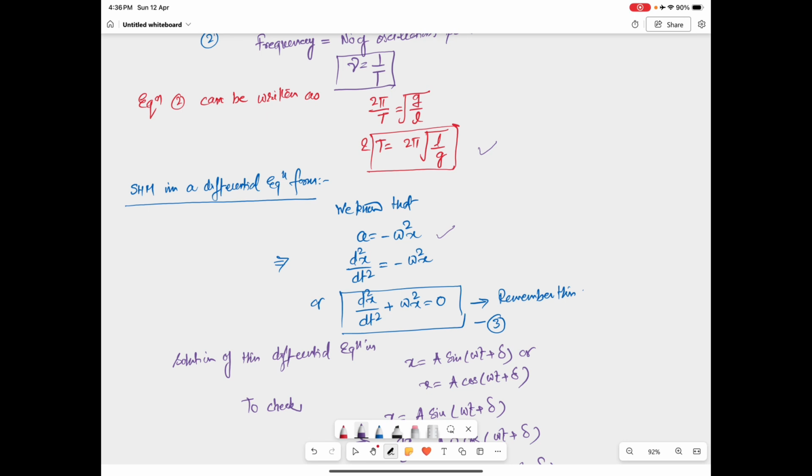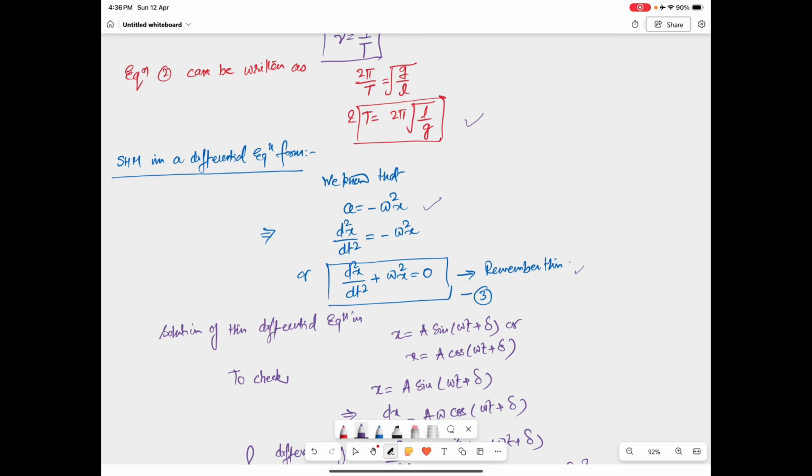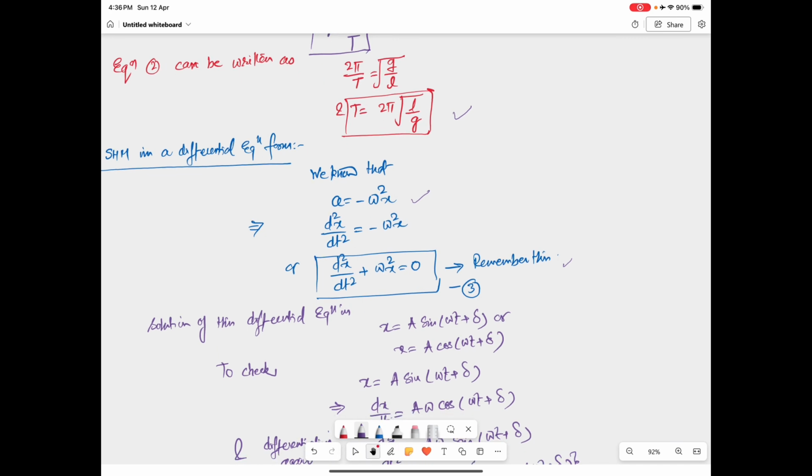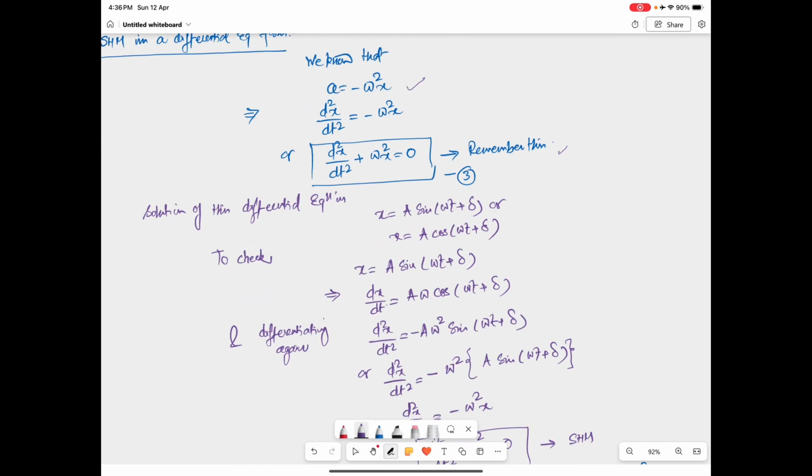Bringing the right hand side to the left hand side, the equation becomes d2x by dt square plus omega square x is equal to 0. So wherever we get d2x by dt square plus omega square x is equal to 0, it means that the motion executed by the body will be a simple harmonic motion.